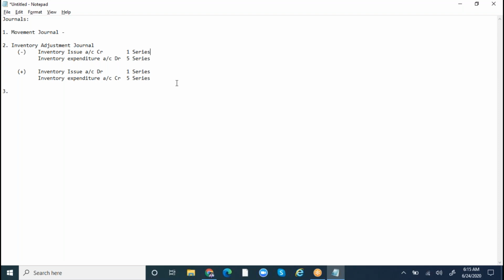If I'm doing a product receipt, this plus scenario would be there, like inventory issue account debited and expenditure account credited. And if I'm selling, or doing some issues or adjustment, then this minus scenario. Opposite.